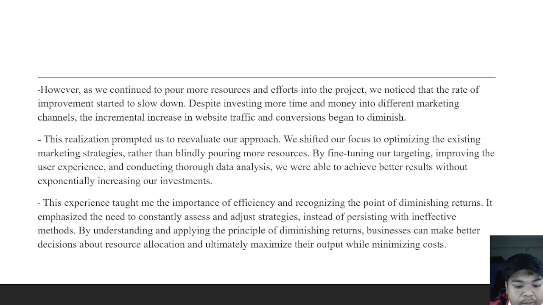This experience taught me the importance of efficiency and recognizing the point of diminishing returns. It emphasizes the need to constantly assess and adjust strategies instead of persisting with ineffective methods. By understanding and applying the principle of diminishing returns, businesses can make better decisions about resource allocation and ultimately maximize their output while minimizing costs.